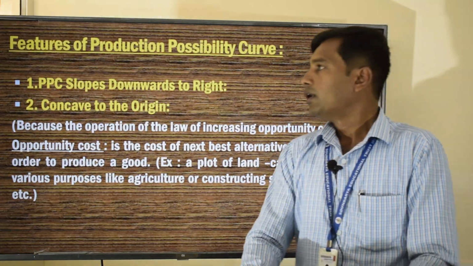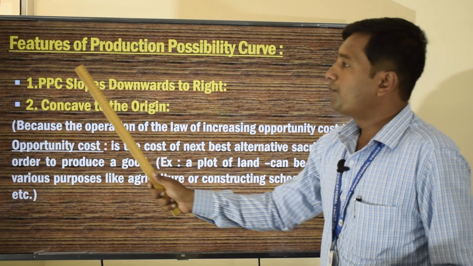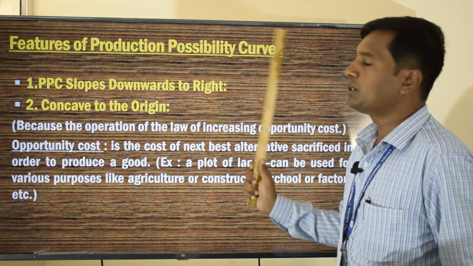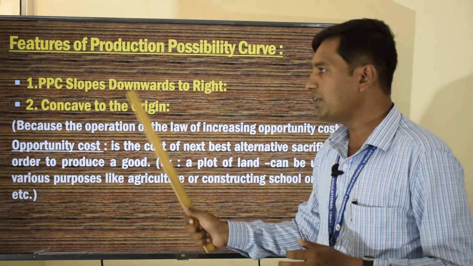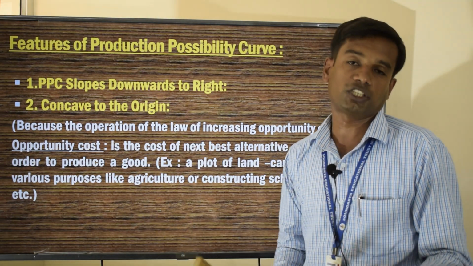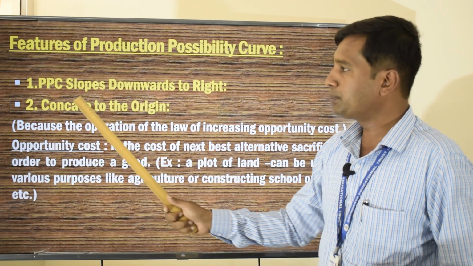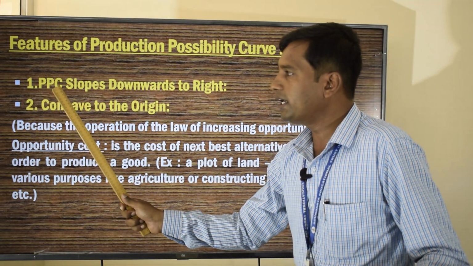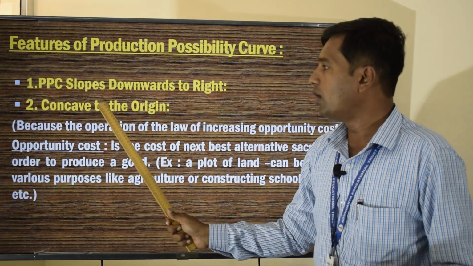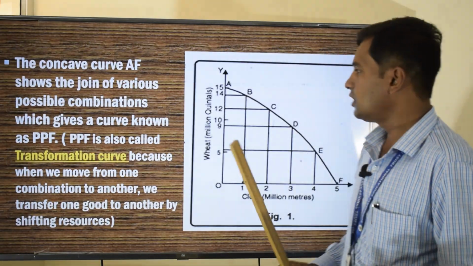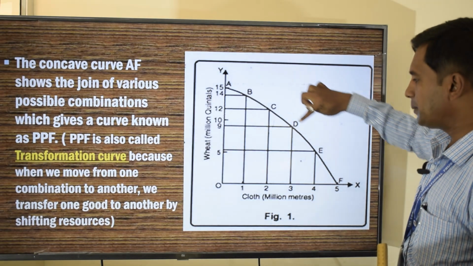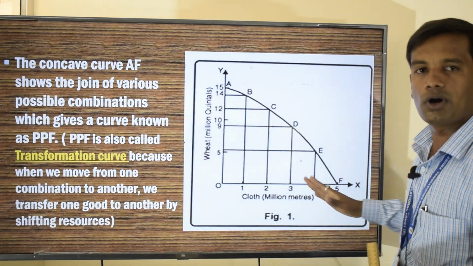Next, very important, features of production possibility curve. There are 2 features. These 2 features explain the nature of production possibility curve. The very first point, production possibility curve slopes downwards to the right. Just let me show you the diagram. See here, the production possibility curve always slopes downwards to the right.